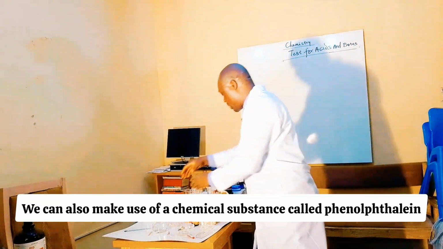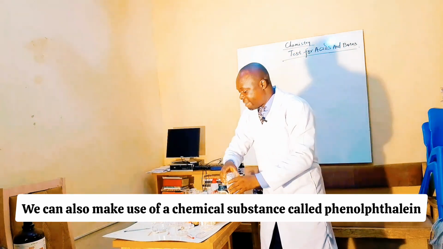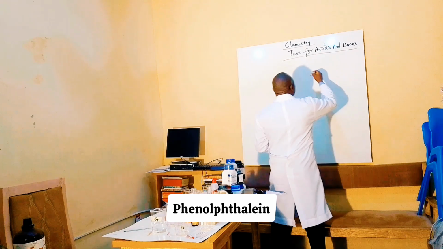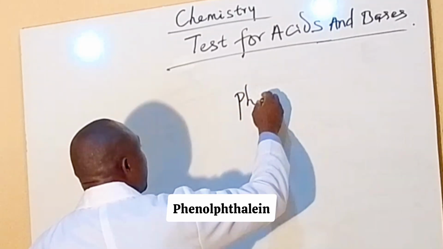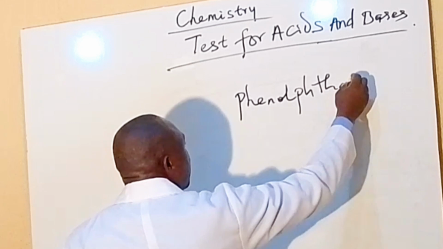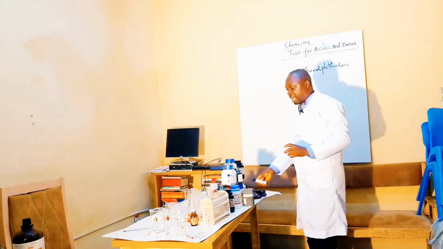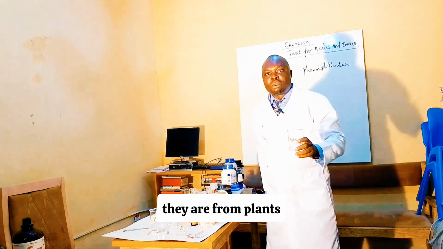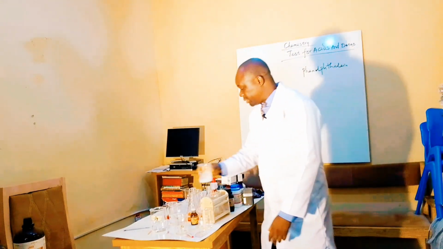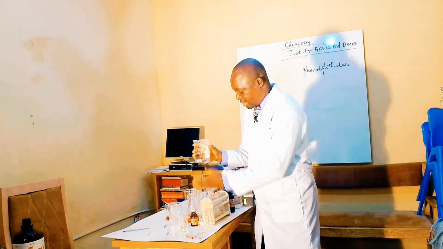We can also make use of a chemical substance called phenolphthalein. They are also vegetable dyes. They are from plants.